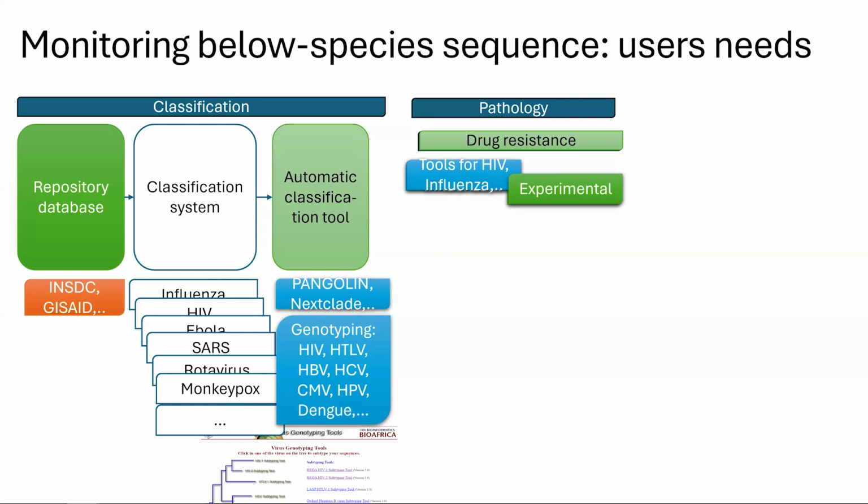There's also drug resistance, which is not obviously very needed for SARS-CoV-2, but for HIV, for example, it works very well. People are looking for drug resistance and adaptation of treatment based on the sequence, and for influenza as well. And for any future epidemics, it could be nice to be able to predict drug resistance very early, if there's a drug and if you know it.